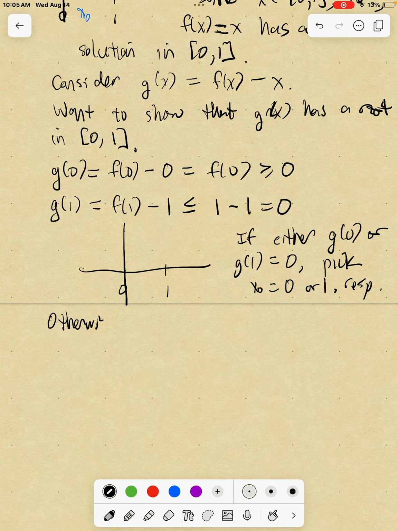Otherwise, g of 0 is greater than 0 and g of 1 is less than 0.